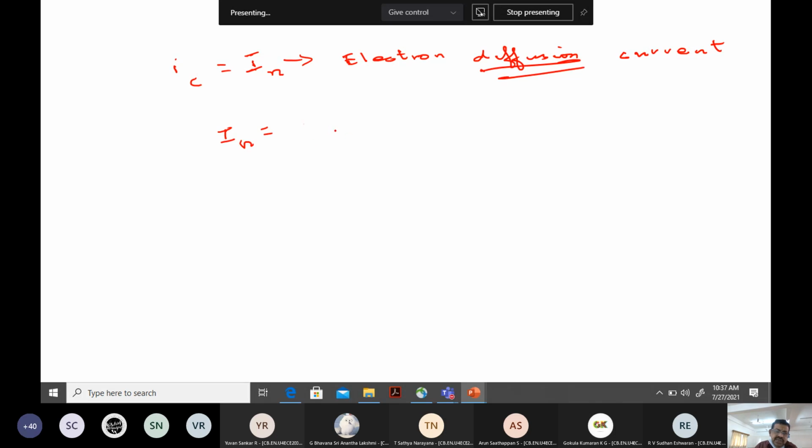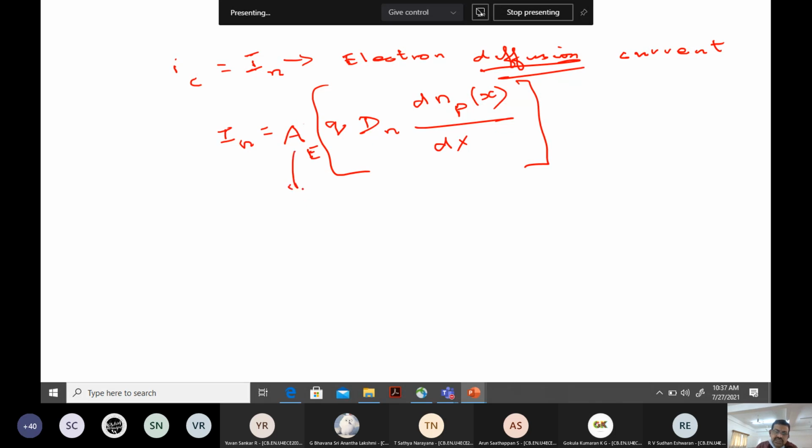So let us first write the diffusion current density, q Dn dn(x)/dx. You have to multiply this with the area. Area of what? Area of the emitter base junction. When you multiply by the area of cross section, this is the diffusion current.